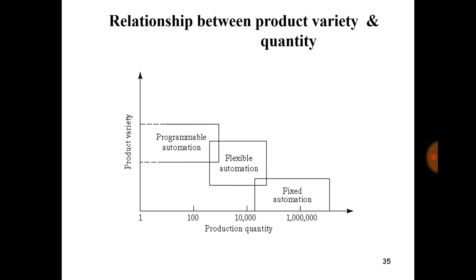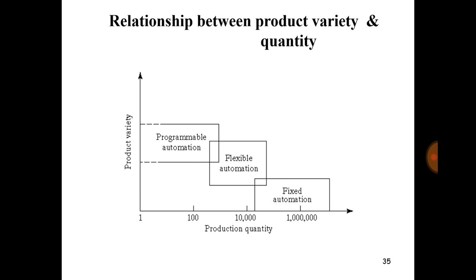In this slide you can see a graph between product variety and product quantity. At the right hand side at the bottom you can see fixed automation. Fixed automation is applicable where there is very little variety or even zero variety, and the production quantity is around 1 lakh.